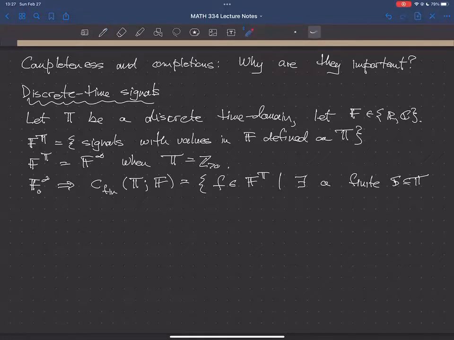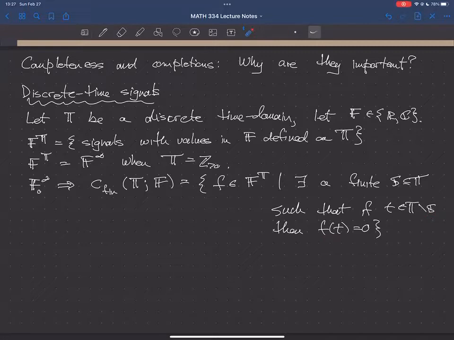So c finite means that there's a finite set S such that if t is in T take away S, then f of t is equal to 0. Outside this finite set S, f is equal to 0.